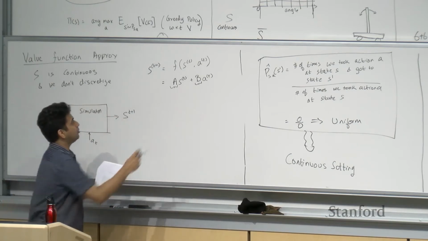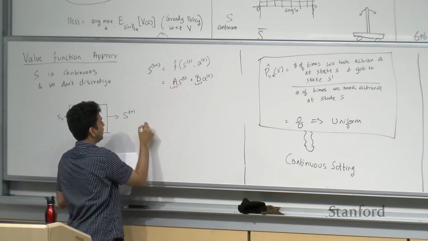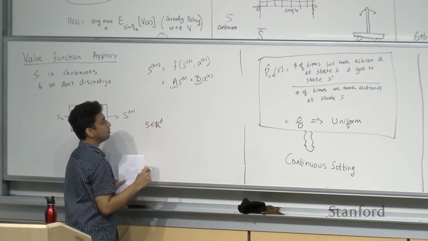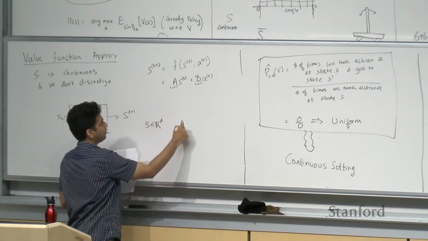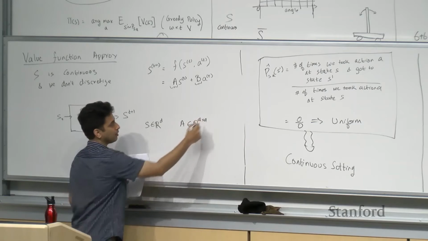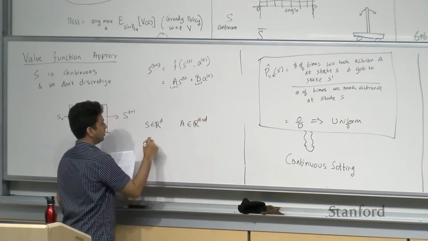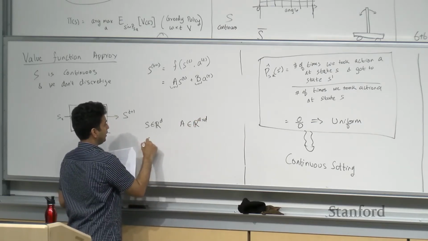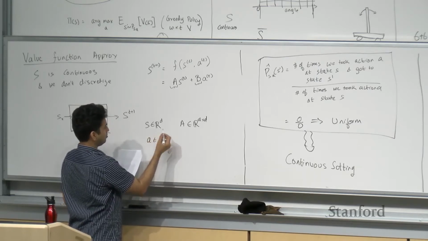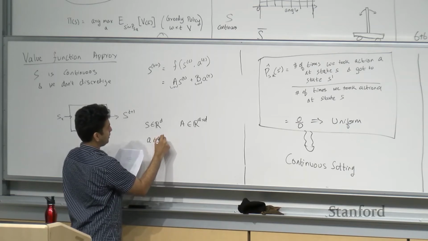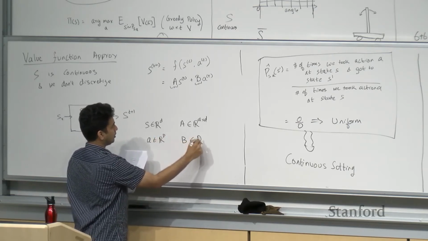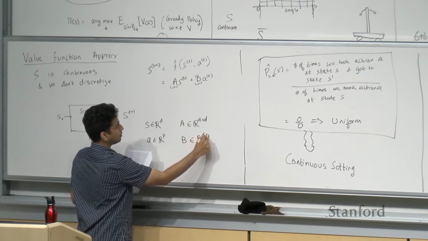Supposing S is in R^d, A is therefore in R^{d×d}, and similarly if the action is in R^p, then B is in R^{d×p}.